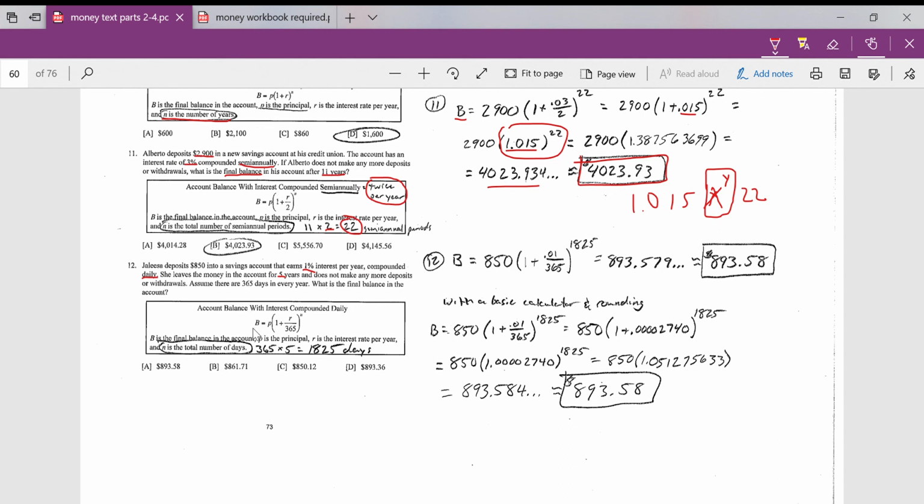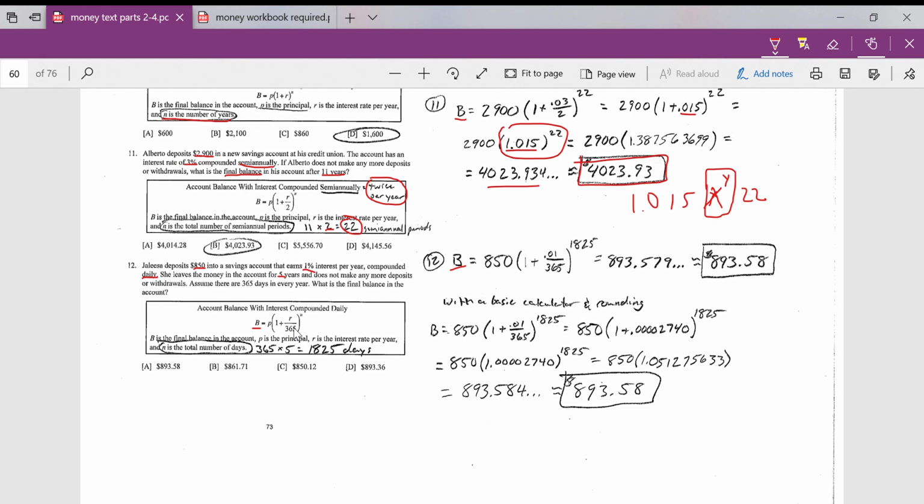So again, we're looking for the final balance, which is B. So we have that in there. P is the principal, $850, which it says right up here. 1 is part of the formula, so you leave that there. R is the interest rate, 0.01 because it's 1%. 365 is part of the formula, because they're compounding it daily.